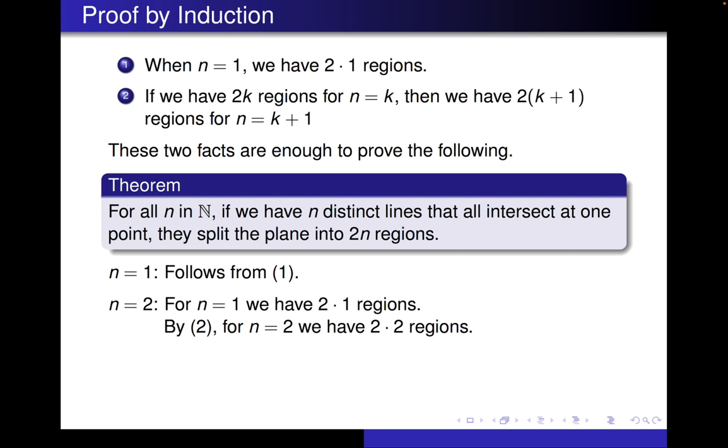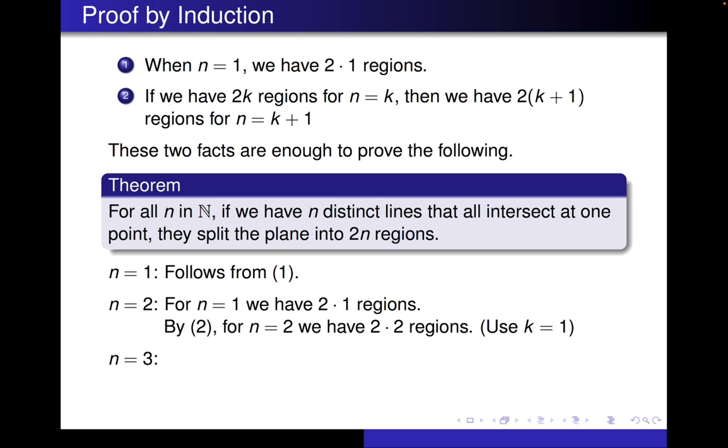By part 2, if we have 2 times 1 regions and we add a line to get n equals 2, we're going to end up with 2 times 2 regions. So if you just plug in k equals 1 for part 2, it tells you exactly that. I'm sorry, 2 times 2 regions for n equals 2.